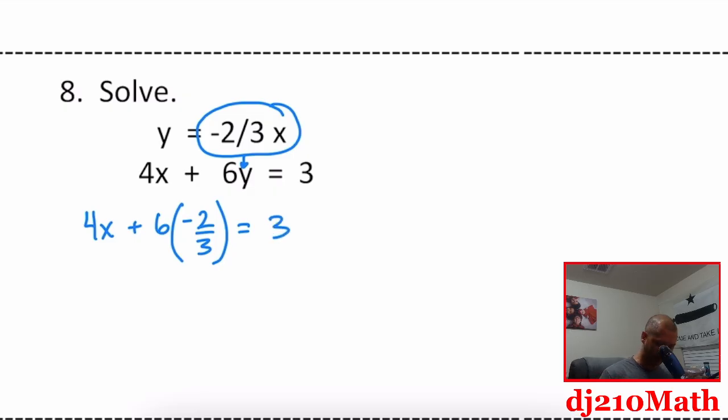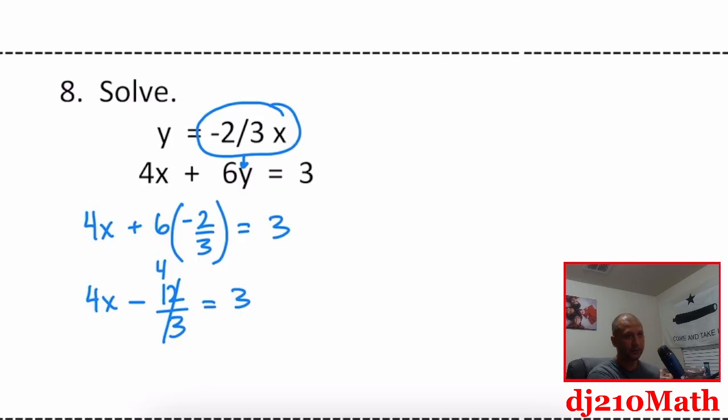Simplifying 6 times -2/3, this is 4x minus 6 times 2 is 12, 12/3, that's 4. So this simplifies to 4x minus 4 equals 3.